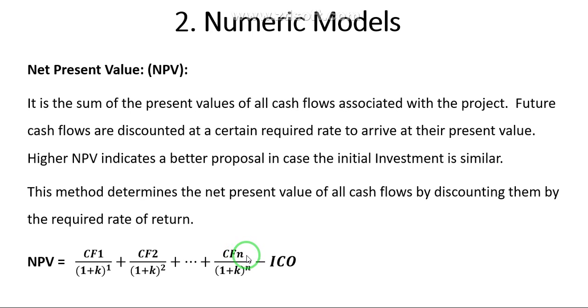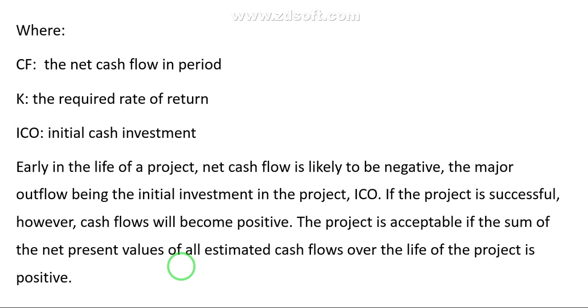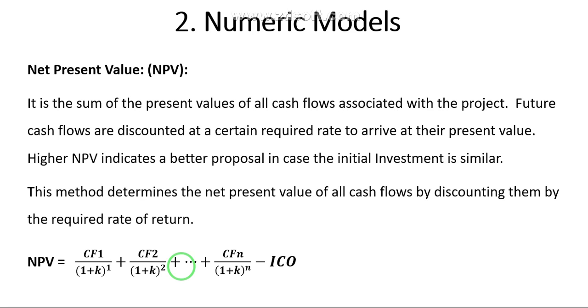So generally they say CF1 by 1 plus K to the power of 1, plus CF2 by 1 plus K to the power of 2, plus dot dot CFn by 1 plus K to the power of n, minus ICO. It depends on the nature of the project; for whatever number of years the project has, we can add the CFs.